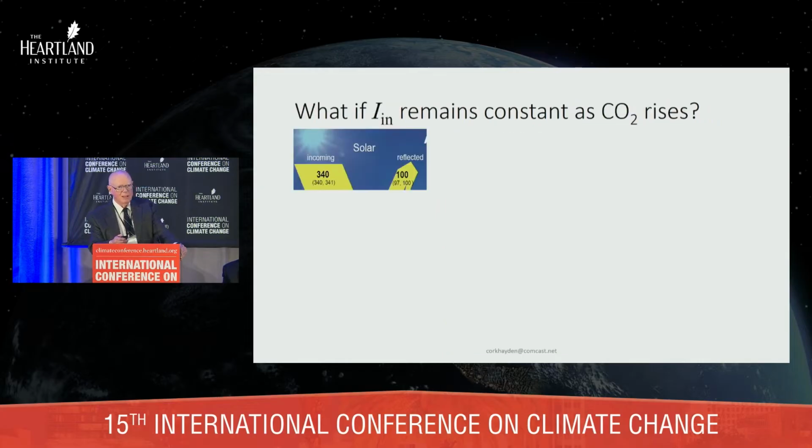Got it? Okay, now we come to an important concept. What happens if I in remains constant as the CO2 rises? In other words, we have I in equals I surface minus G. I in equals I out, okay? I in is whatever we receive from the sun minus what's reflected. I surface, you calculate from the Stefan-Boltzmann equation, and G is what they tell you, okay?